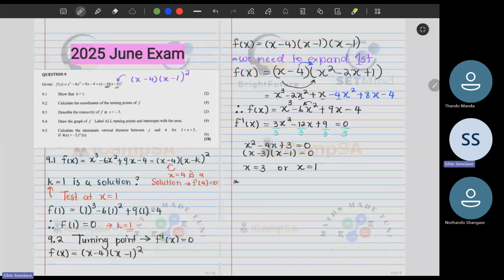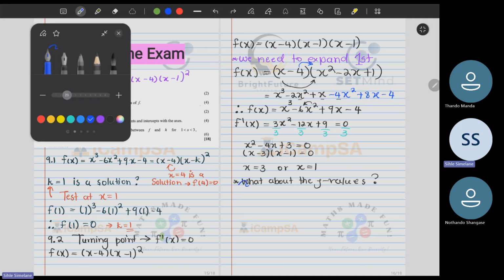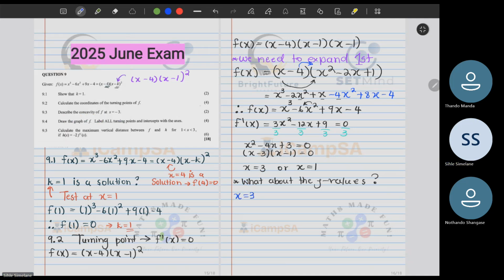Now we need to ask ourselves, what about the y values? And for the y values, we are going to use our function, okay, which is going to be f of, so I'm going to do the one at x is 3. So we are going to do f of 3.